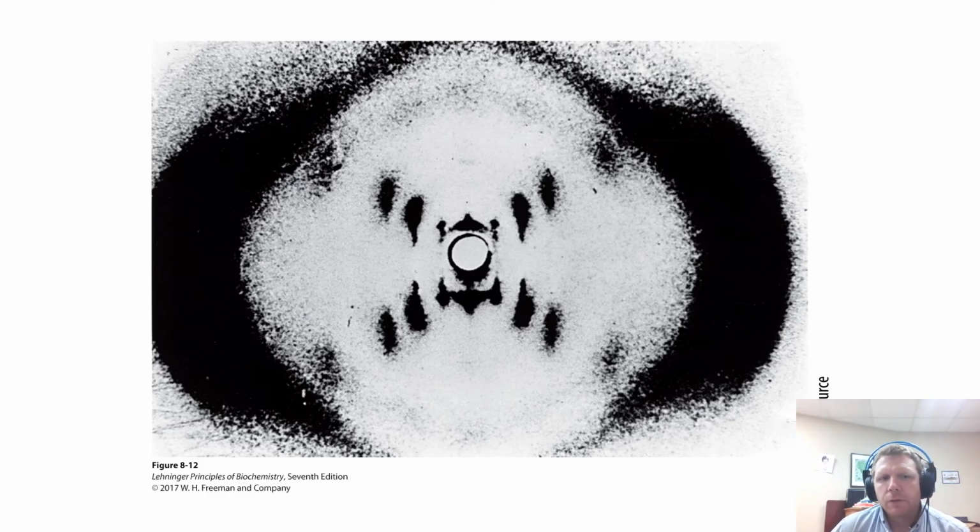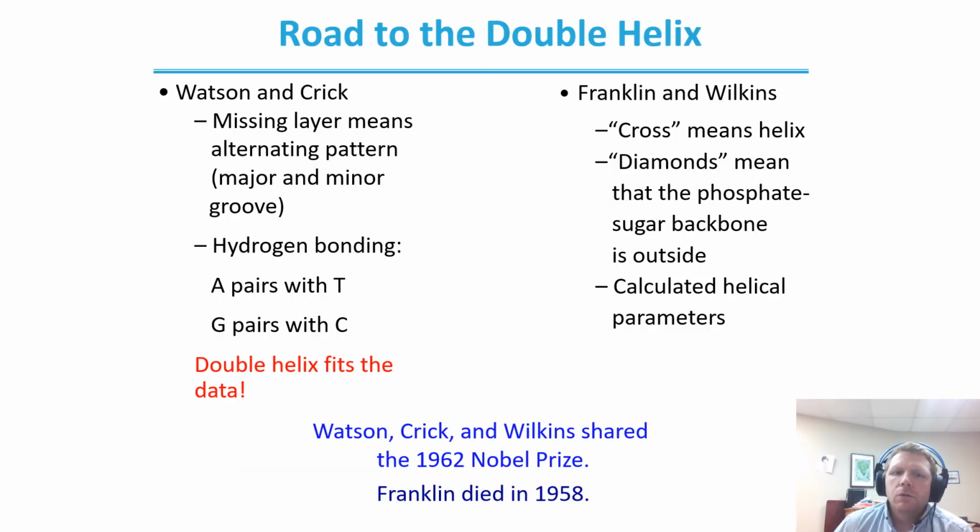This image right here was elucidated by Rosalind Franklin, who was a key figure in the determination and development of the theory of the double helix of DNA. Watson and Crick, along with Maurice Wilkins, shared the Nobel Prize in 1962.